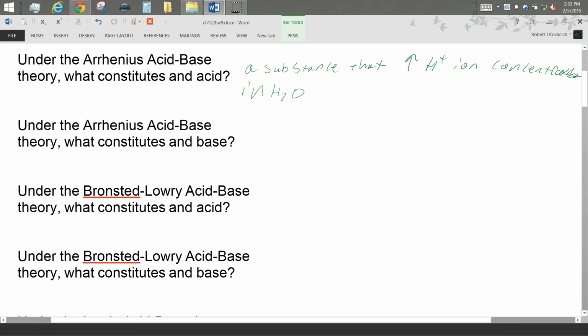So anything that increases the hydrogen ion concentration in water is an acid. And a substance that increases hydroxide ion concentration in water is a base.